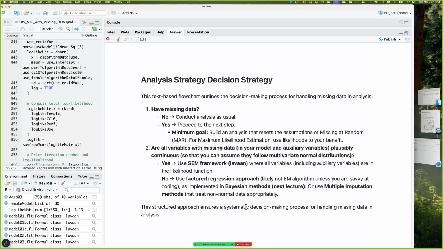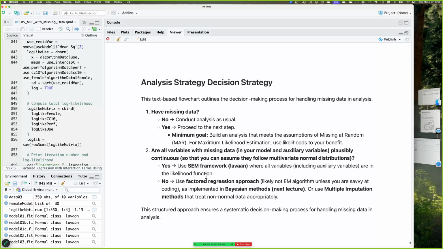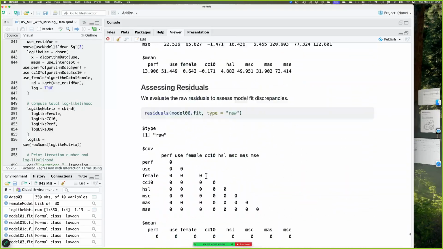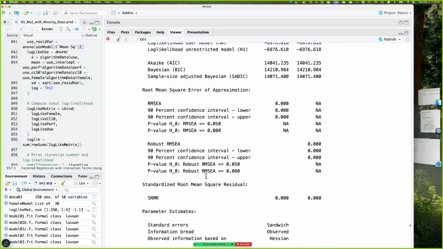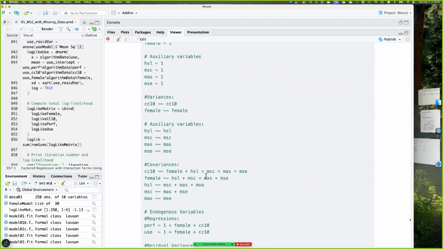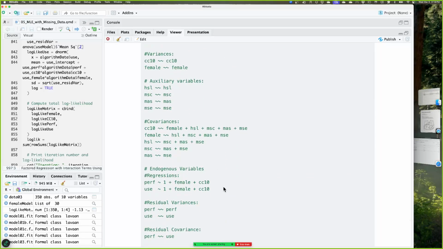Now, the model that we are most interested in, in this case, is predicting performance and usefulness. That's what we really want to get to. And it just so happened that it was saturated, but it may not be.